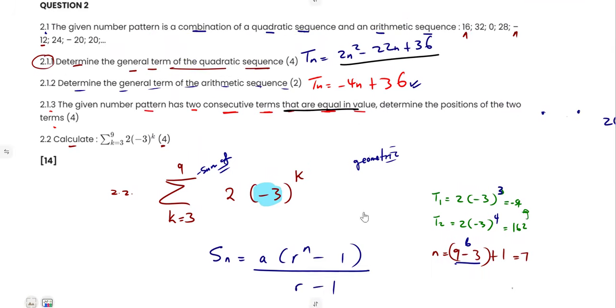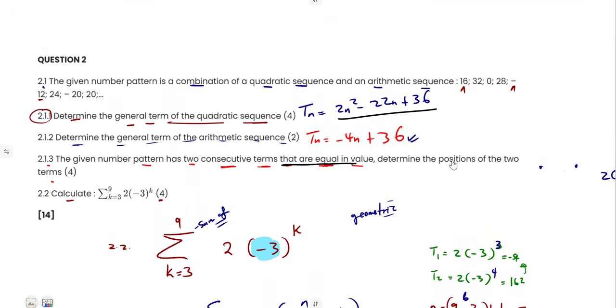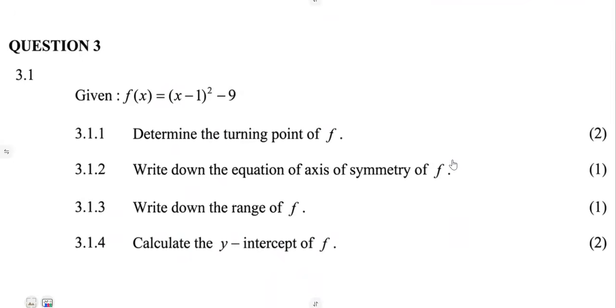So that was our question 2, having 14 marks. Let's consider question number 3. It was part of our functions and graphs, where we are given 3.1, this f of x, which is (x minus 1) squared minus 9.